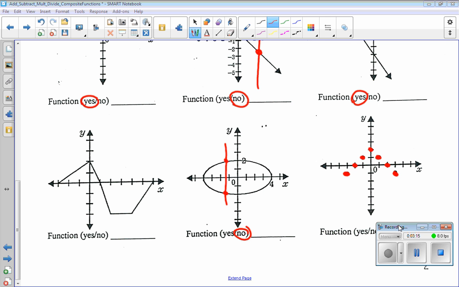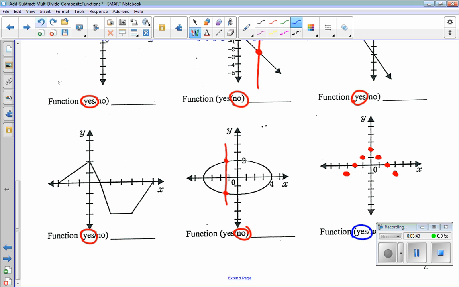Is it a function, yes or no? Yes. It's a function. And how about the last one? Even though it's just dots, it's still okay. It would not be a function if I drew this dot, though, would it? Because this vertical line would hit both of those dots at the same time, right? But they're not there. So that red dot's not there, so it is a function.